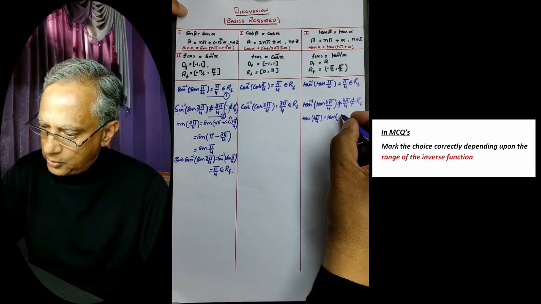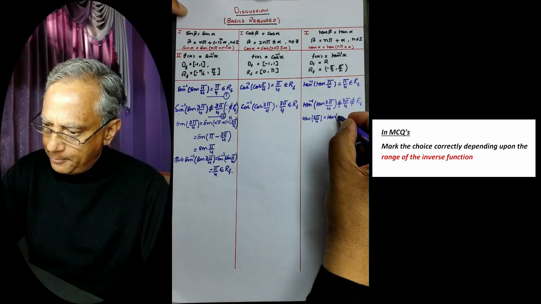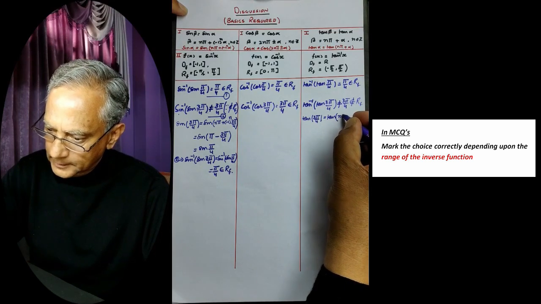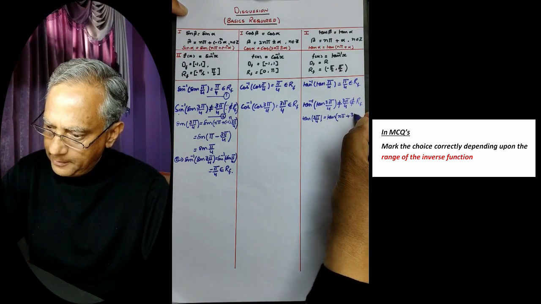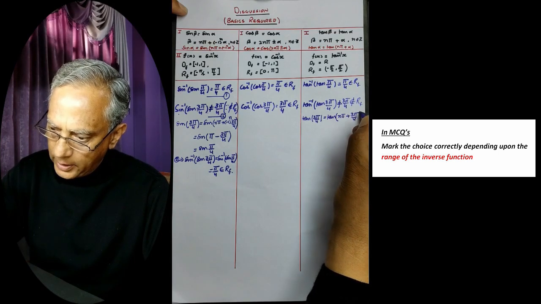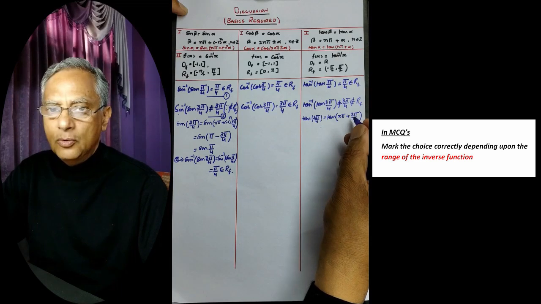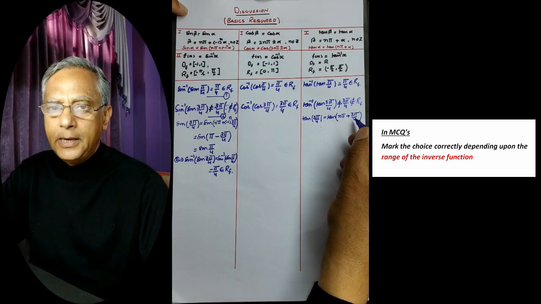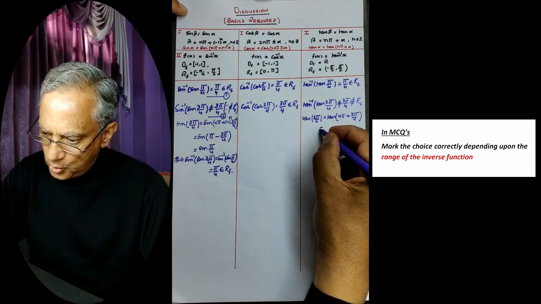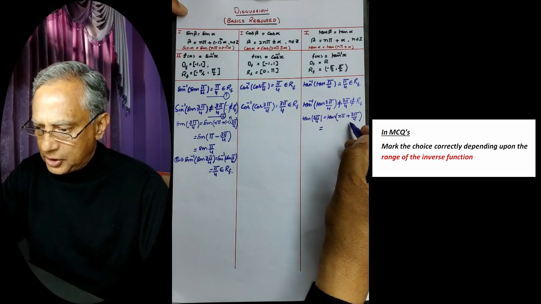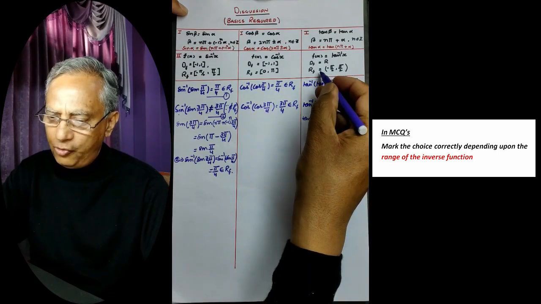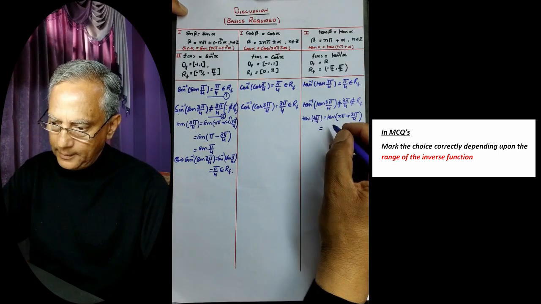So this is equal to n pi plus 3 pi by 4. Now we choose n such that this belongs to the range of f.